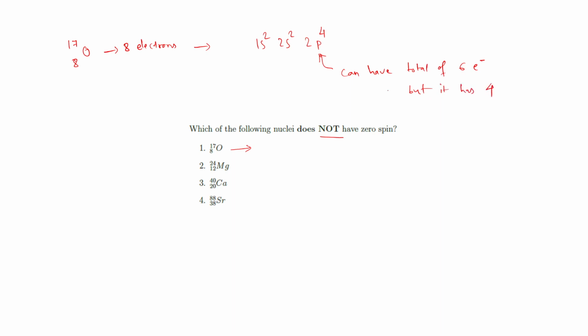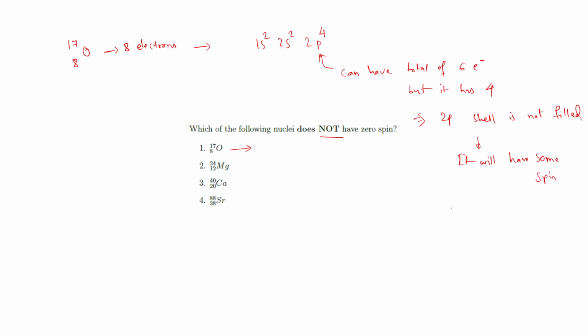This implies that the 2p shell is not filled, so it will have some non-zero spin, because this shell is not filled.